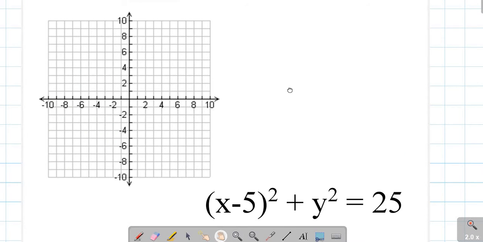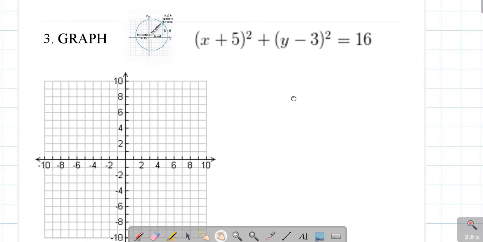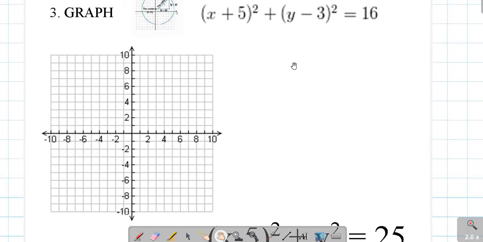Last but not least, graphing an equation of a circle, which involves pulling it apart. I love graphing circles, by the way. They're so easy compared to lines and worrying about slope and the intercept. Circles are so much easier. Let me show you.